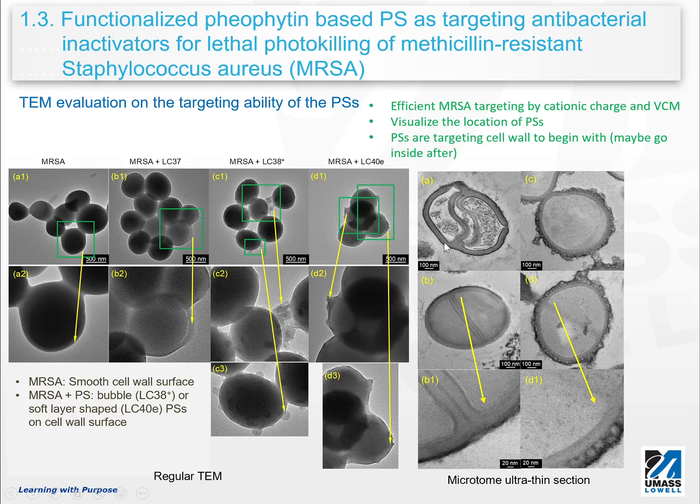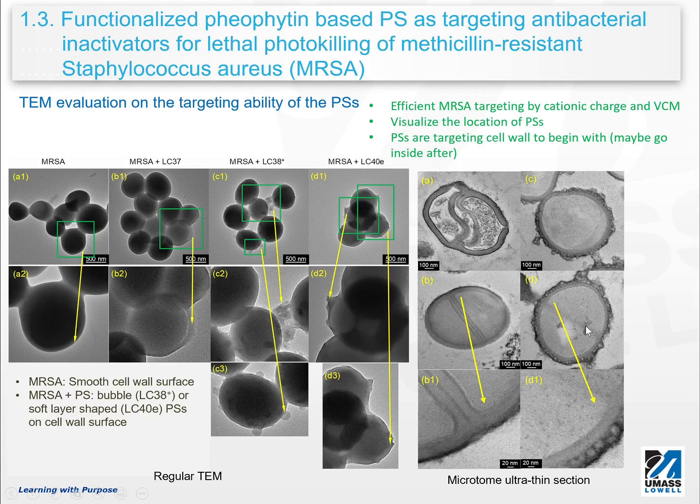Because if you take a look at the MRSA cell only, it has a very complicated structure. It has many organelles and other biological material inside of the cell. So even with our drug entered the cell, without a reference, we don't know. We can't make sure that is our drug.